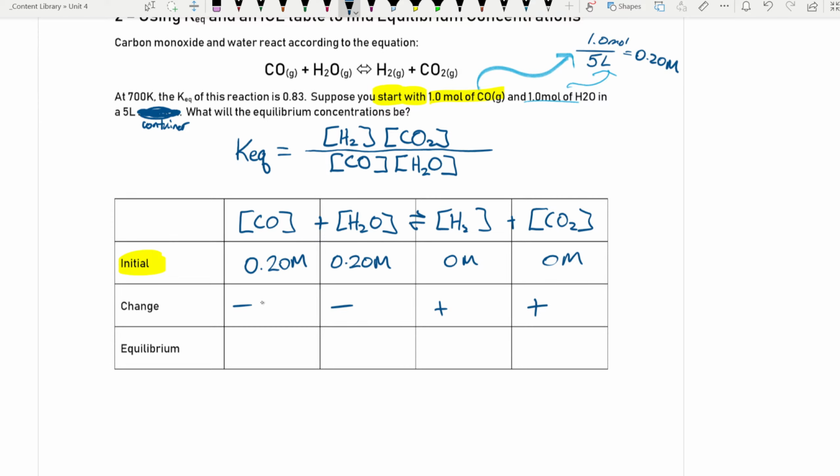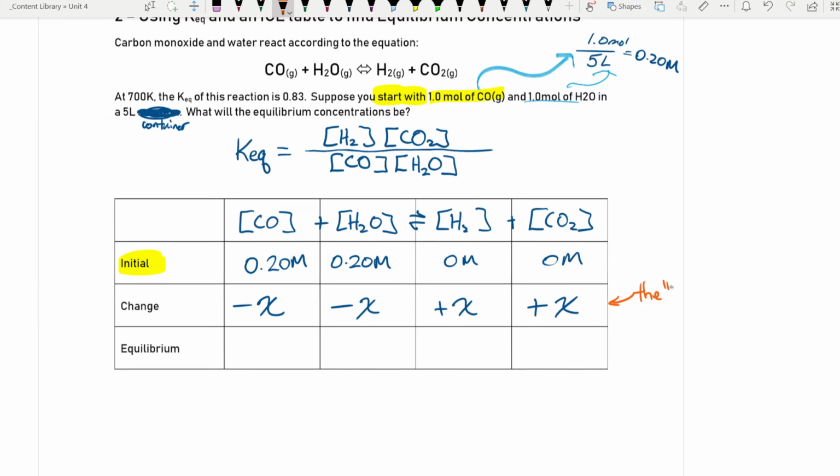This goes down by something. But this goes down by the same something. However much this goes down by, the same. And however much these have gone down, that's how much these go up. That's the beauty of a chemical equation. It gives us a lot of information. So this is worth noting.